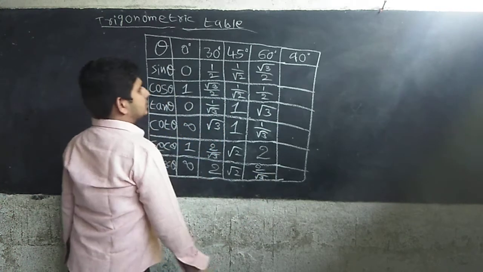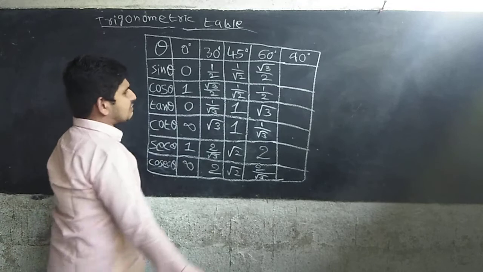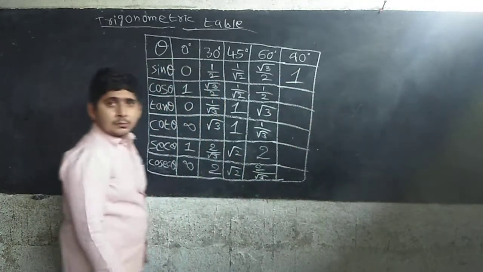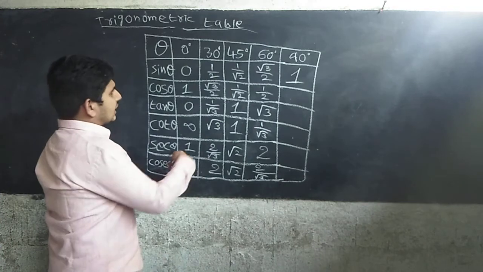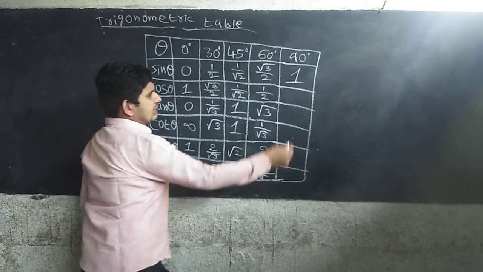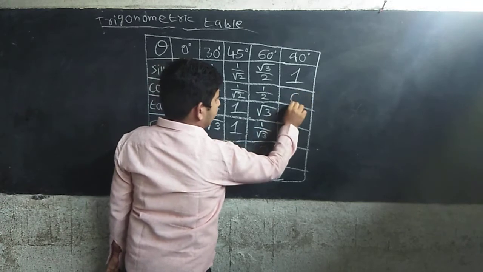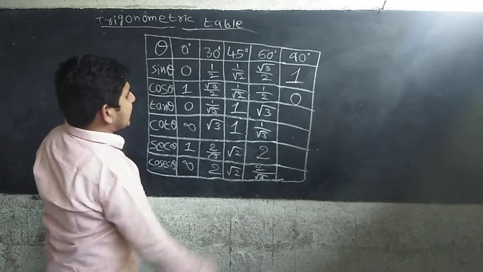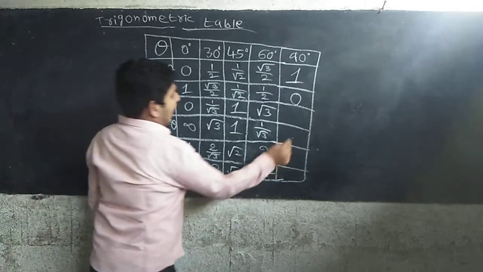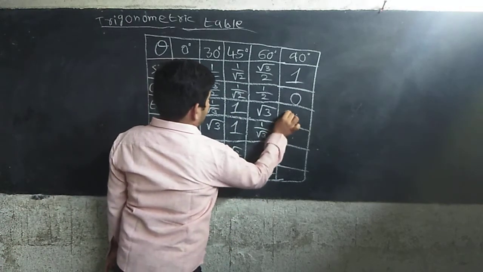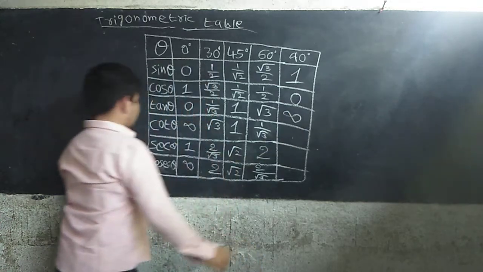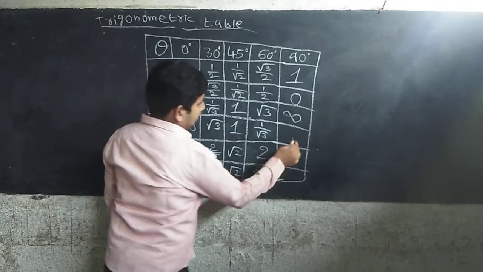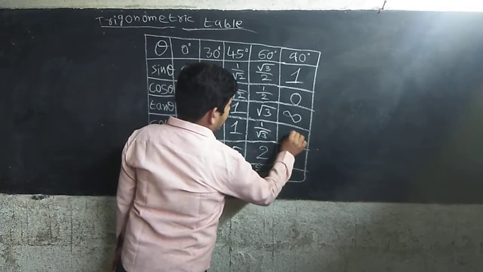Now sin 90 equals 1. Now cos 90 equals 0. Now tan 90 equals infinite. Now cot 90 equals 0.